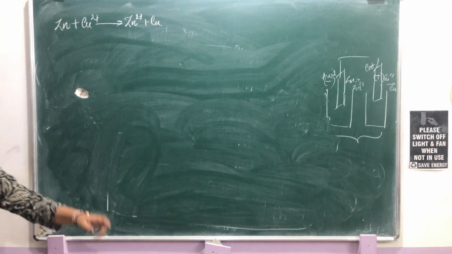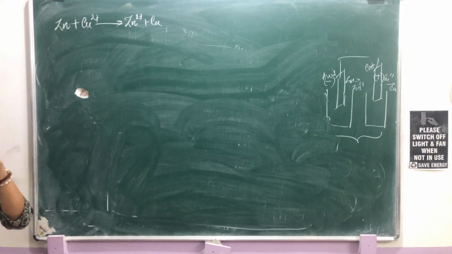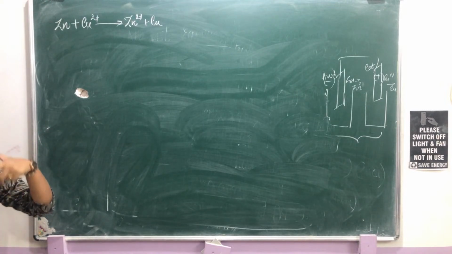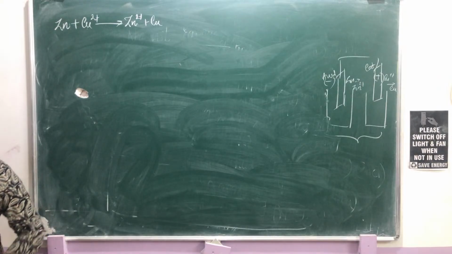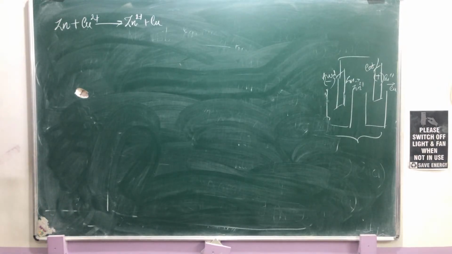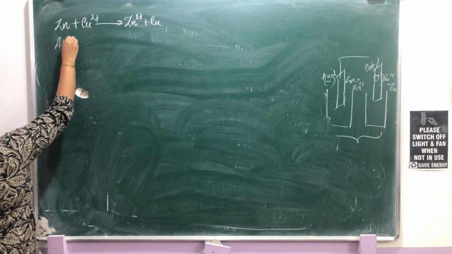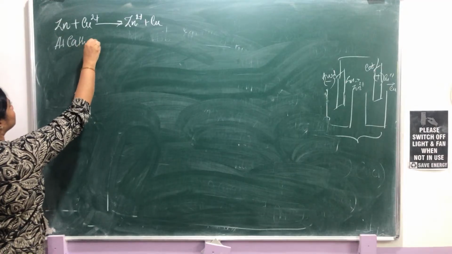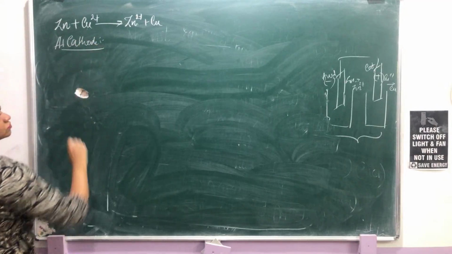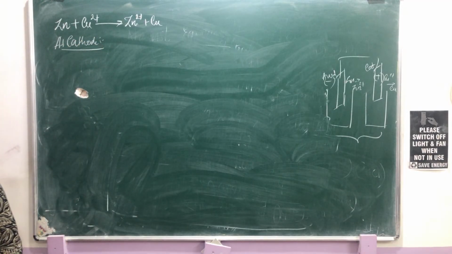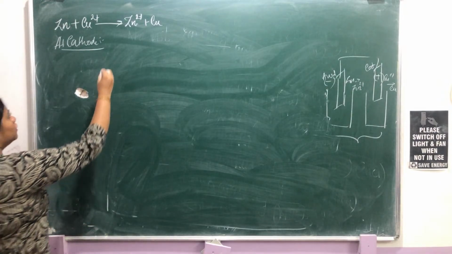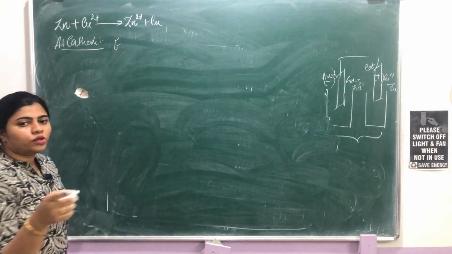Now, we will try to write the Nernst equation for both cathode as well as anode. Write down at cathode, who is the one in cathode? It is copper, not zinc. So it will be E. What was the reaction?